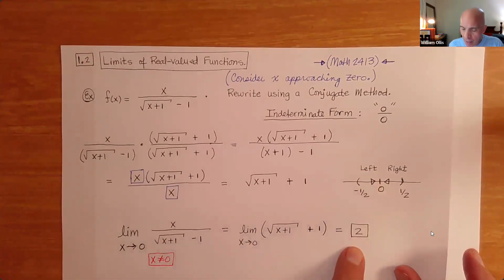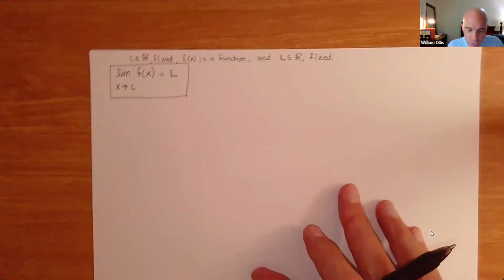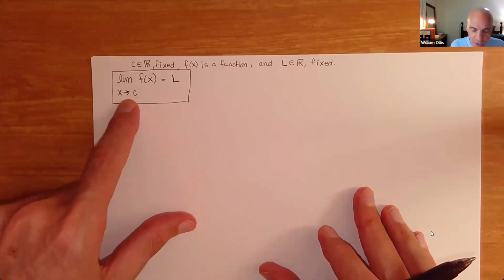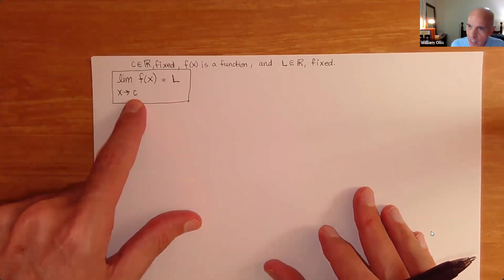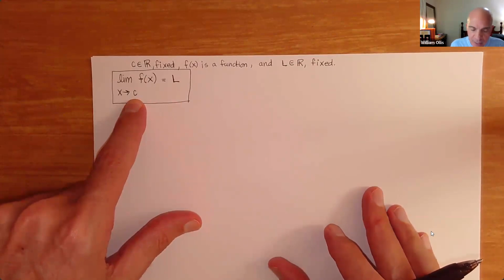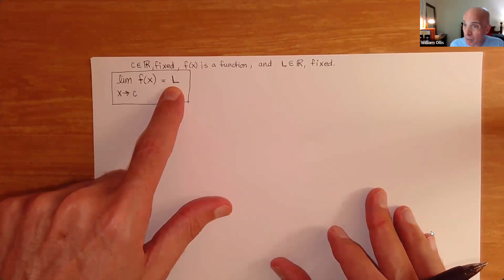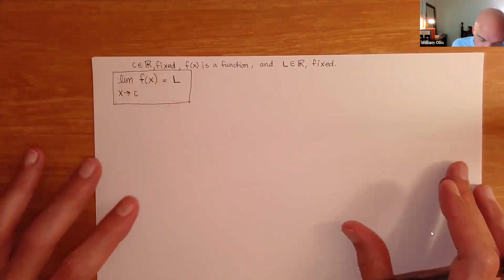And then what it appears to be the case is that the function value is approaching 2. So that's what we want to say here. If the value of x approaches c, gets very close to c, then the value of f gets very close to L. And this is where we get to use absolute value.